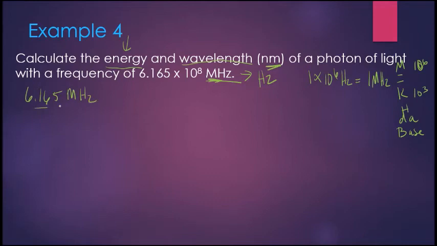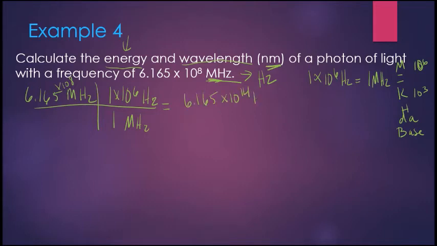megahertz to hertz. 1 megahertz equals 1 times 10 to the 6th hertz, and therefore this is times 10 to the 8th. So you end up getting 6.165 times 10 to the 14th hertz. Megahertz cancel, and we end up getting that value.